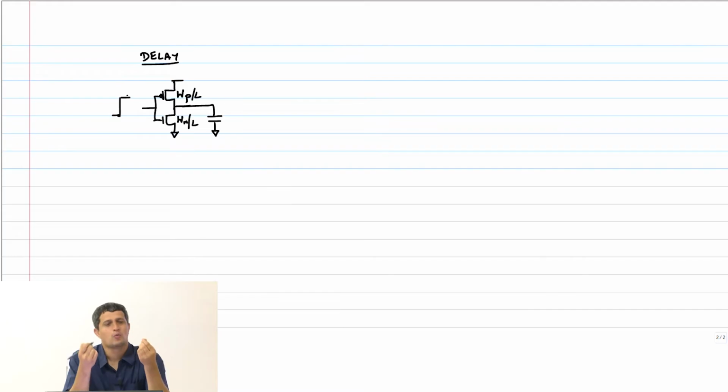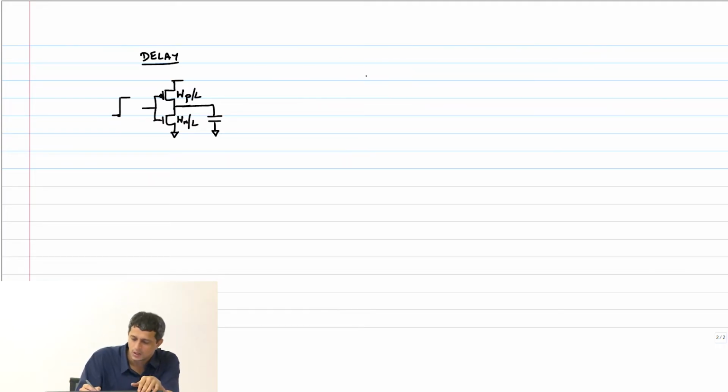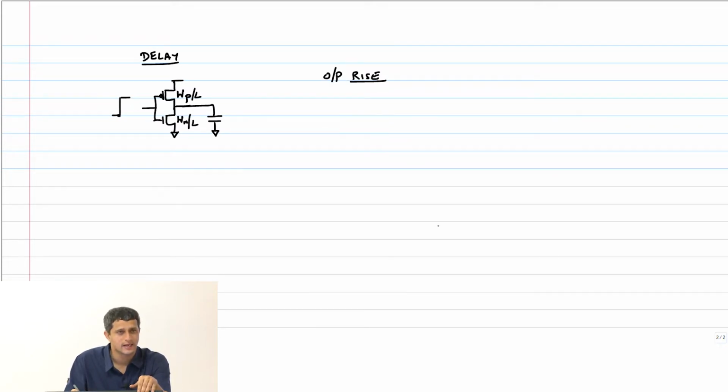Okay, so what is a good model in order to find out how long it takes to go to the other state, and how do I model these two transistors in both cases? So it turns out that for output rising, the rising will happen through the PMOS transistor, right?